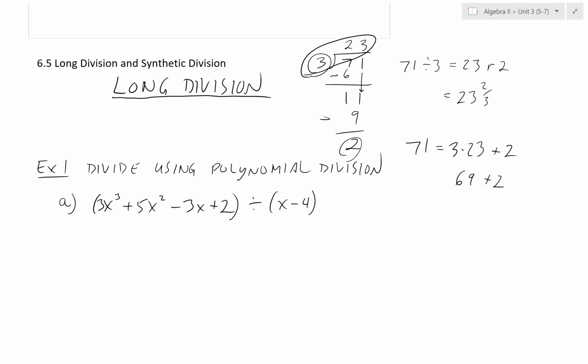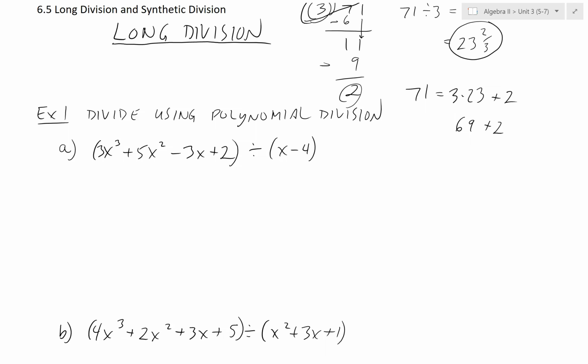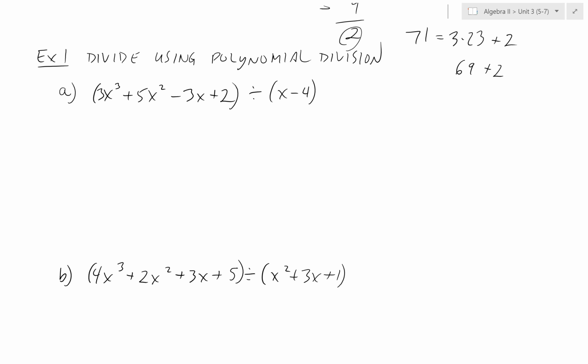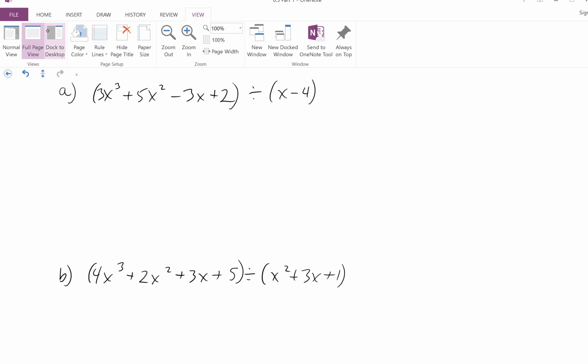So the quotient is this. We can also write it as the product of the two whole numbers, 3 times 23 plus the remainder. So when we do these with polynomials, we'll also write it in both of those formats. Now we'll do the same type of thing, but this time with polynomials.